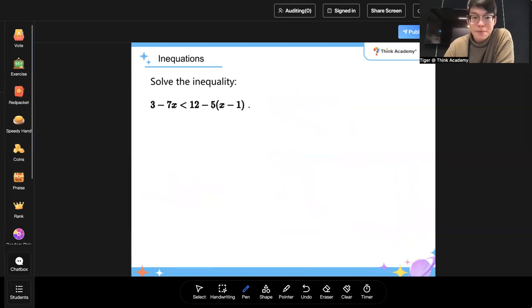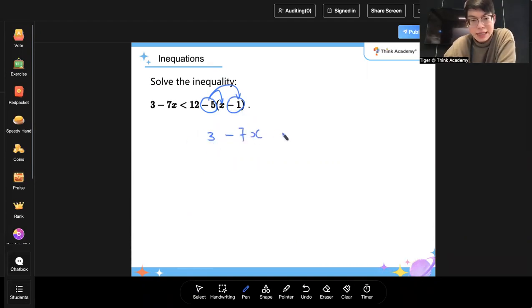And the next one, we're just trying to solve the inequality here. So 3 take away 7x is smaller than 12 minus 5 multiplying x take away 1. And from our experience yesterday, we just need to expand the brackets first. So I'm multiplying minus 5 to x and minus 1, which means I have 3 take away 7x.